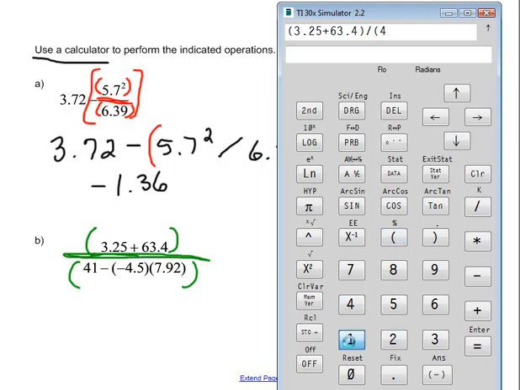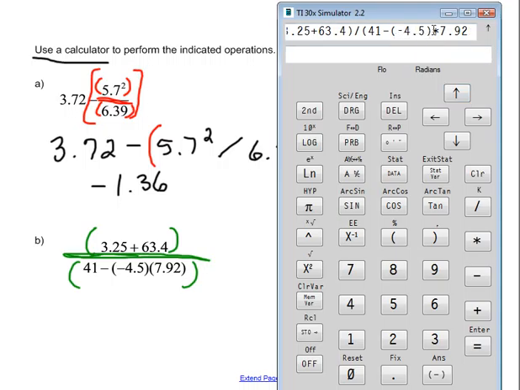So we have 41. And from that we're going to subtract, then inside parentheses, negative 4.5. We're going to close those parentheses. That's being multiplied to 7.92. And now's a good time to go up and take a look.